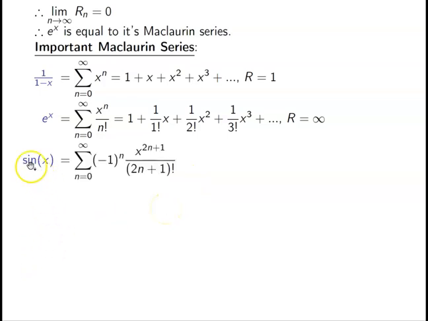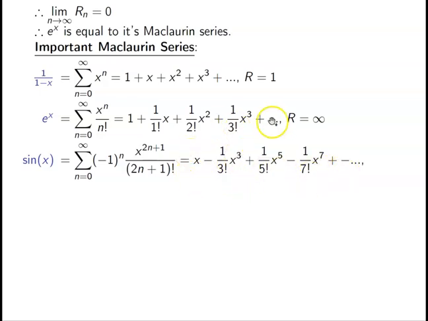All right. For sine, our series is -1 to the n, x to the 2n plus 1 over 2n plus 1 factorial. We've actually seen this in previous videos, but we didn't tell you that it was sine. What does this look like in general? It'll be x minus 1 over 3 factorial, x cubed, plus 1 over 5 factorial, x to the fifth. So it's all the odd powers, just all the odd terms.